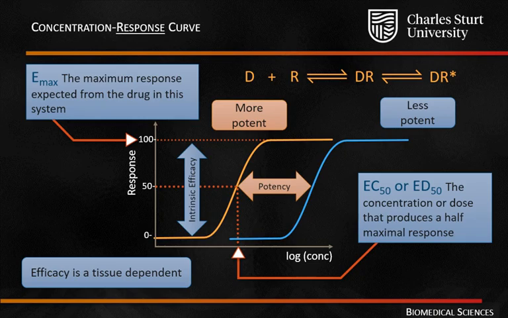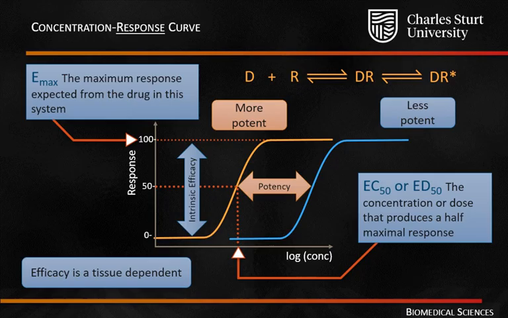You may also see the term efficacy, but this is tissue dependent. So intrinsic efficacy is useful for comparing the drug activity at different tissues, but efficacy is useful for if you're just using the same tissue and using different drugs. So there's a slight variation in the difference between efficacy and intrinsic efficacy.